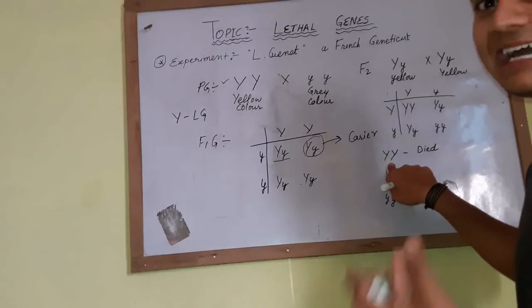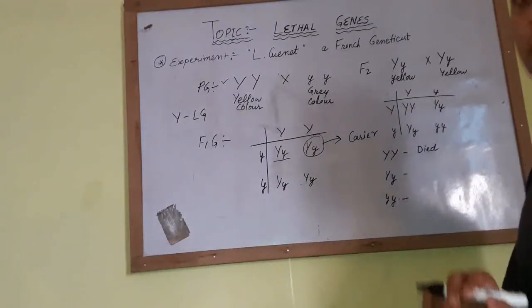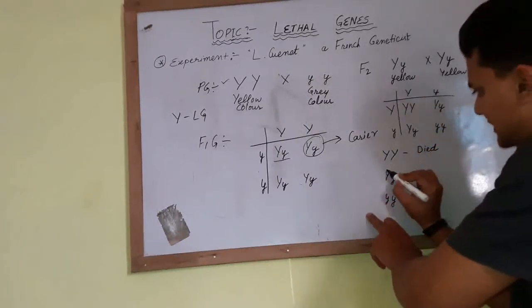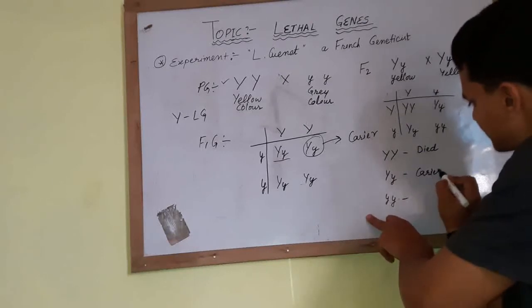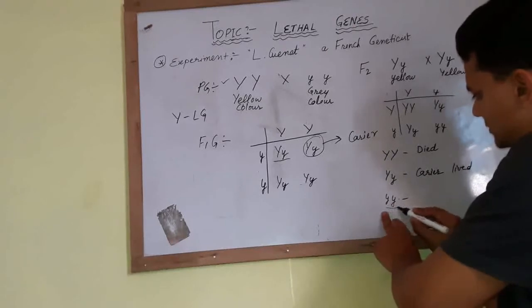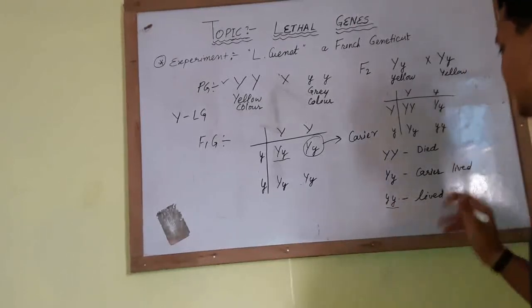Why did it die? That is the main question. The carrier lived, and the pure recessive also lived. Only one died.